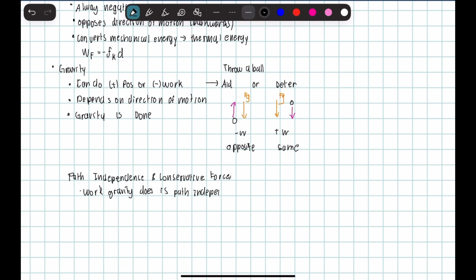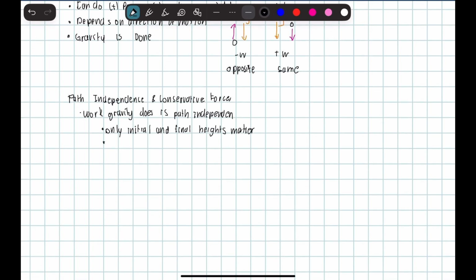What this means is that only initial and final heights matter. So on a closed path, zero work is done.